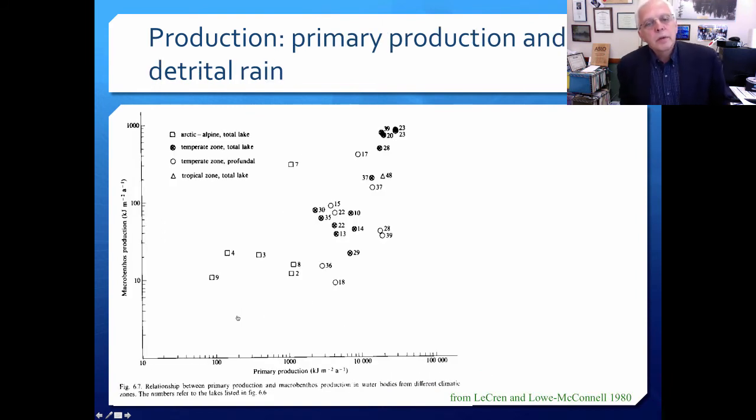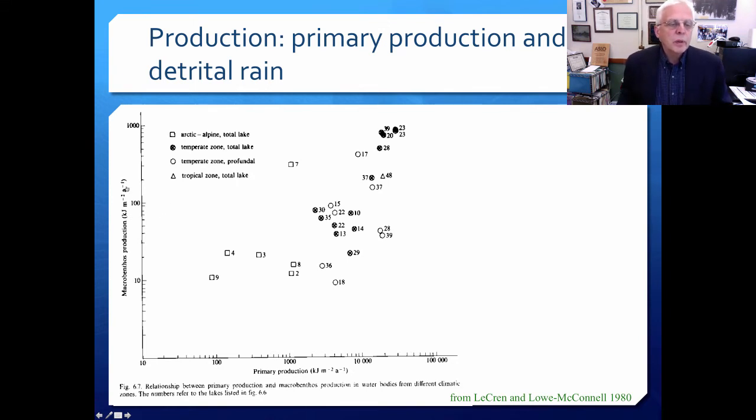Another factor that influences secondary production is primary production and sort of a detrital rain of material, the supply of new energy coming to these organisms. What you see in this graph is for a bunch of different zones in various areas, lakes in various places like the Arctic, temperate zone, and so on.